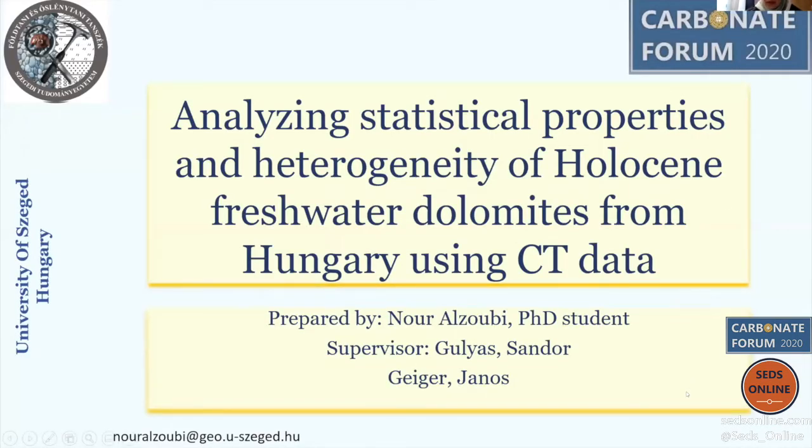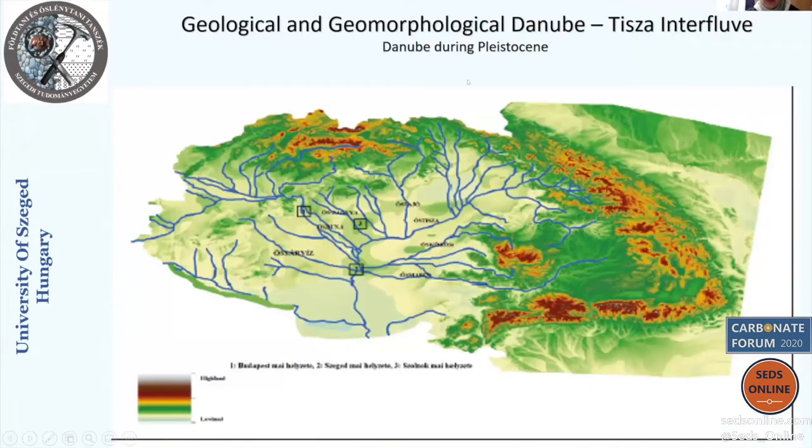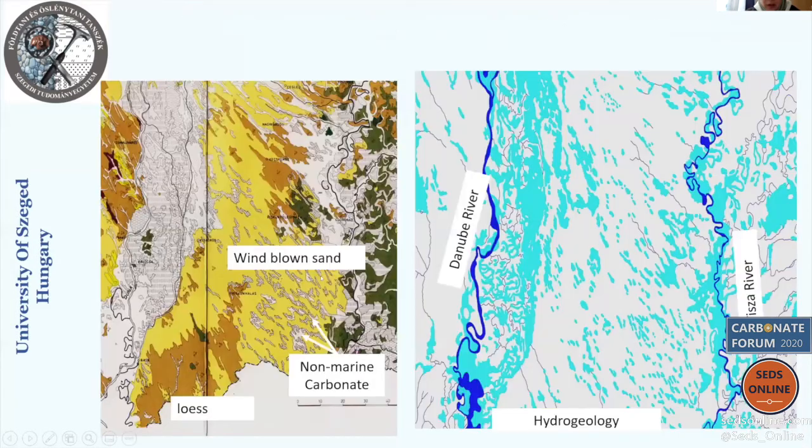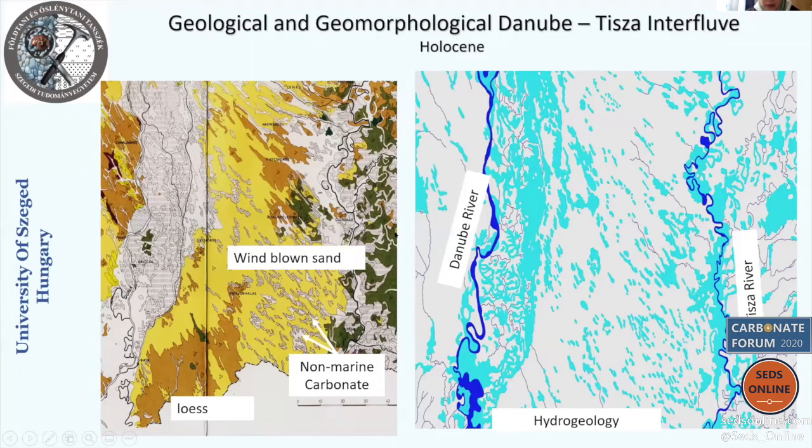First of all, I would like to let you know a little bit about the geological and geomorphological setting of the Danube-Tisza interfluve. The Danube during the Pleistocene, before 15,000 years, spread over the Carpathian Basin, and it changed to meandering during the Holocene.